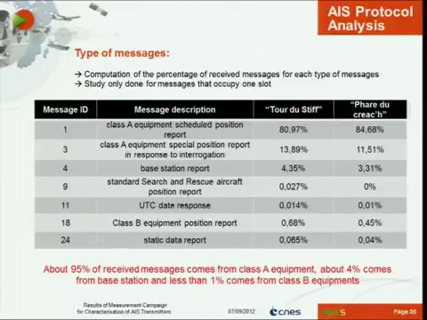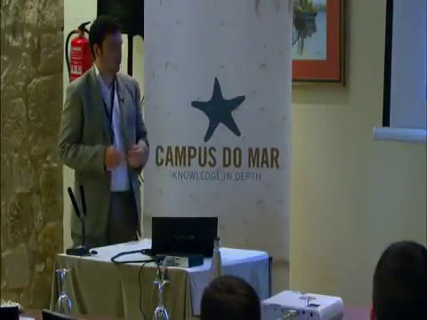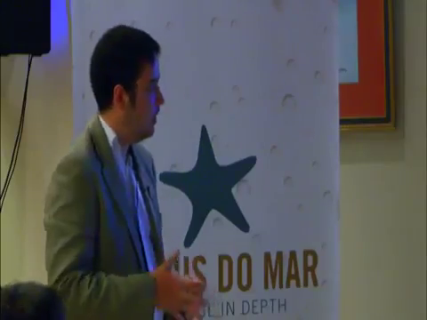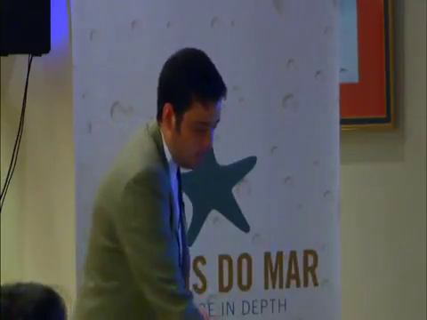We can see that 95% of the received messages come from Class A equipment. It's types 1, 3, and 24. About 4% come from base stations, types 4 and 11, and less than 1% come from Class B equipment, type 18. So there's a majority of Class A equipment, as expected.